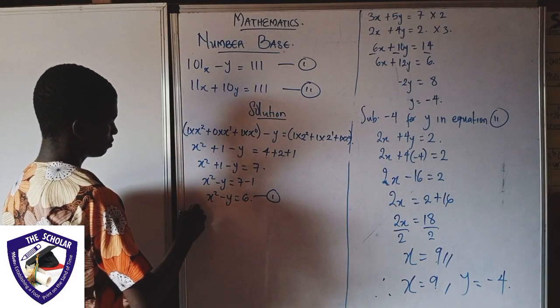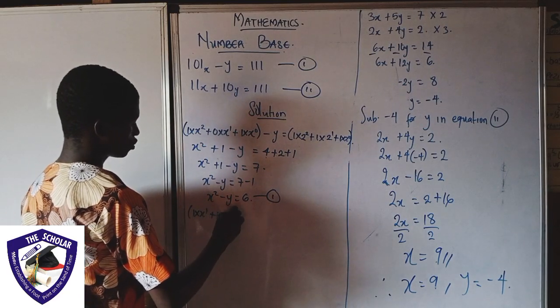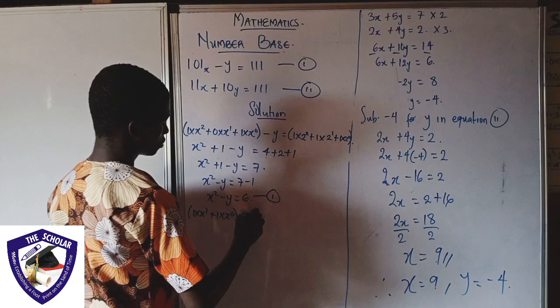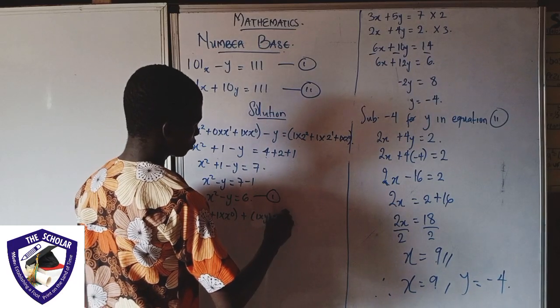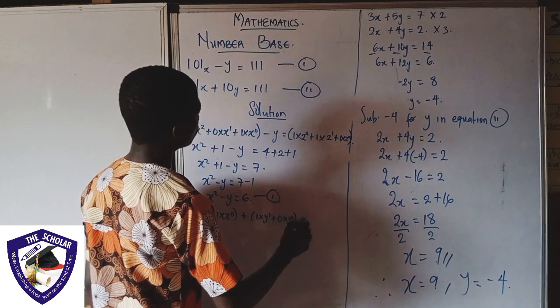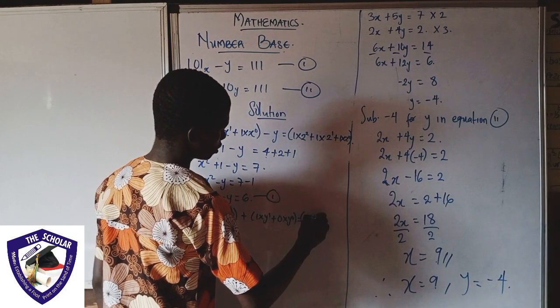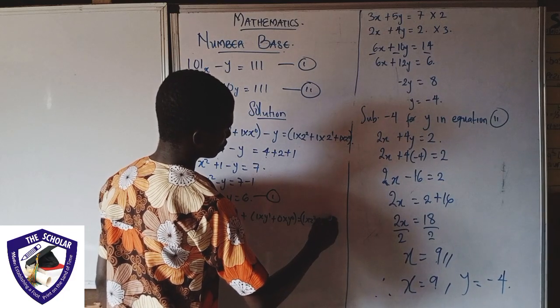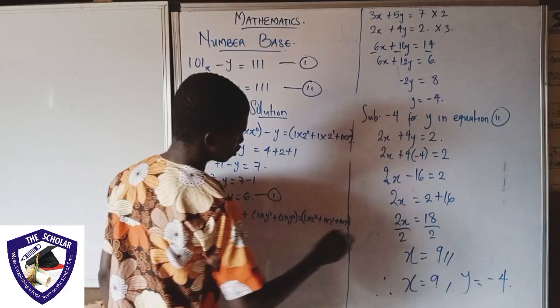I have 1 times x to the power 1 plus 1 times x to the power 0 plus 1 times y to the power 1 plus 0 times y to the power 0 equals 1 times 2 to the power 2 plus 1 times 2 to the power 1 plus 1 times 2 to the power 0.